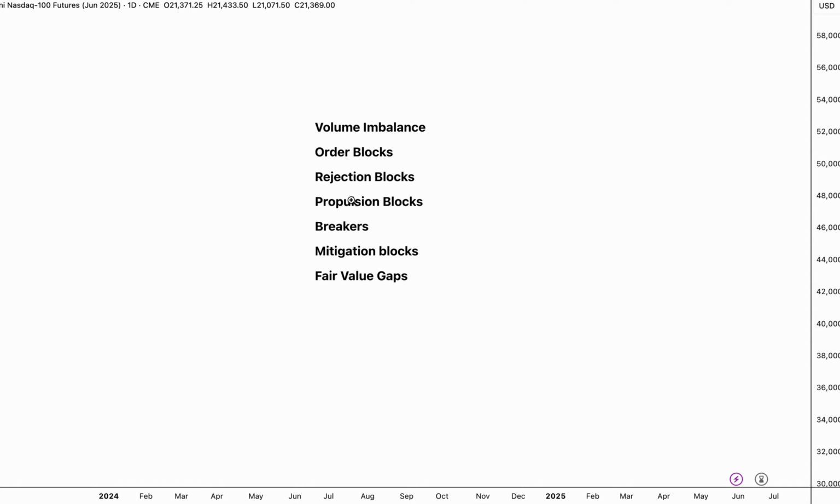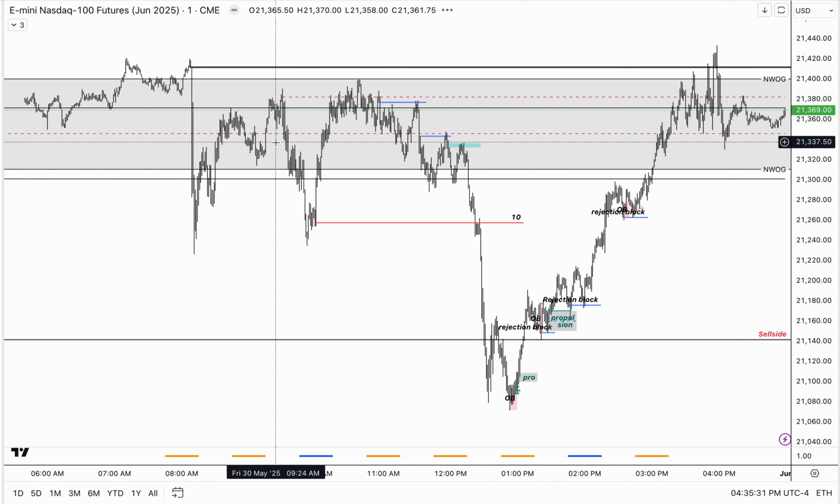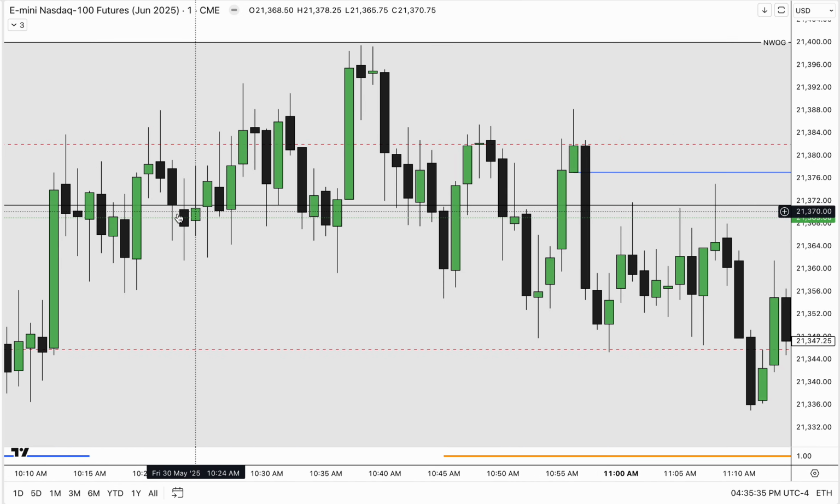Like I said, rejection blocks, propulsion blocks, order blocks, those are what you see during an accumulation, during a consolidation. And that's when we can utilize that stuff, in these tricky moments here, when it's still real tight and it's rolling over.